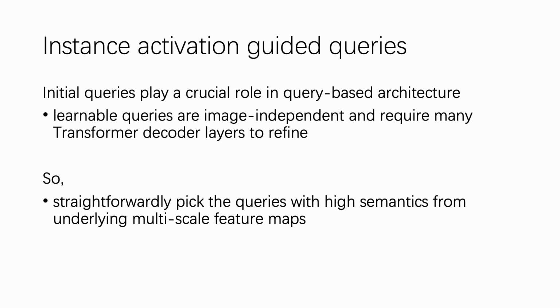Although learnable queries mitigate this issue, they are still image independent and require many transformer decoder layers to refine. To resolve this problem, we propose instance activation guided queries that straightforwardly pick the queries with high semantics from underlying multi-scale feature maps. These high semantic queries contain rich embedding information about potential objects and reduce the iteration update burden of the transformer decoder.